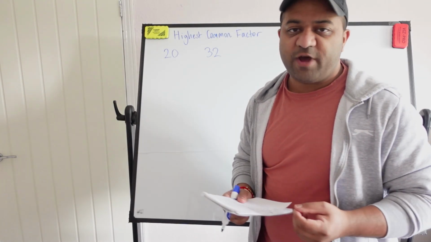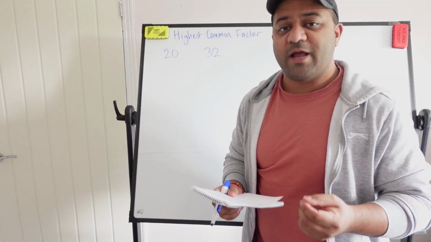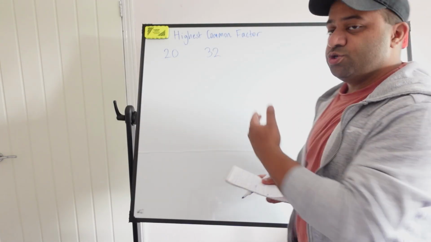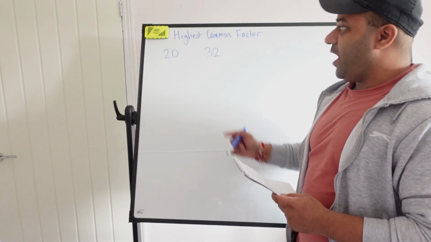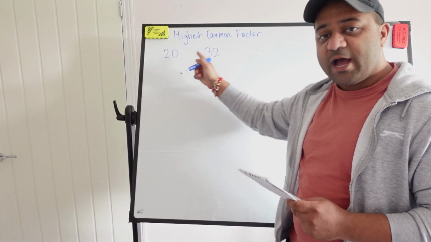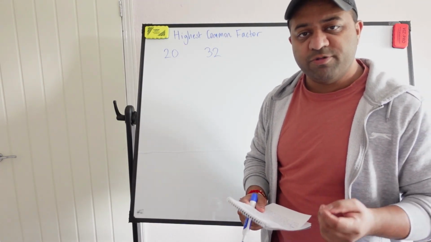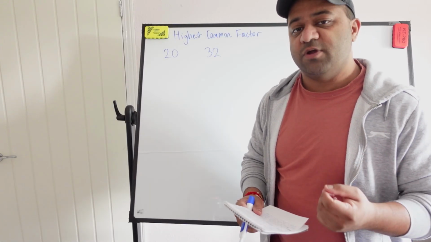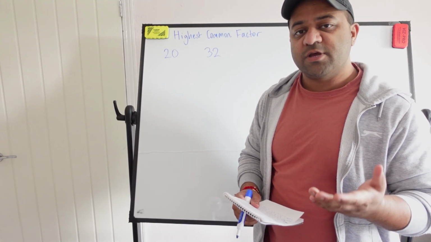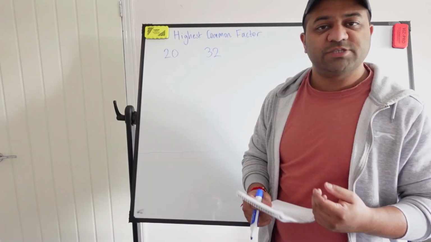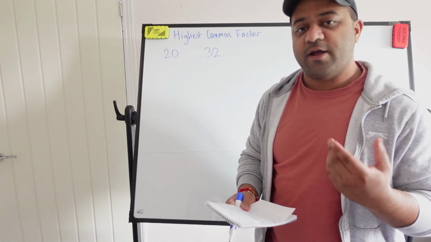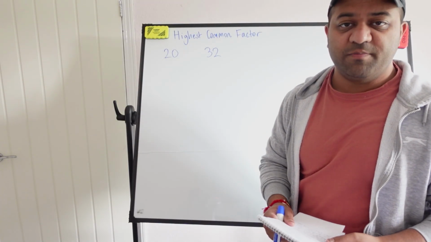A common factor would be a number that goes into two given numbers. So any number that goes into 20 and goes into 32 would be a common factor of them both. And there's a long list of numbers that does this, but the highest common factor is simply the largest number that goes into both of these given numbers.